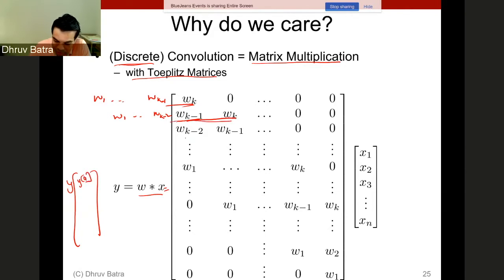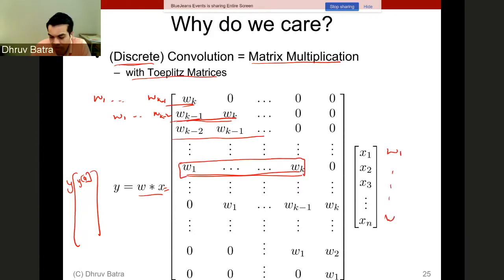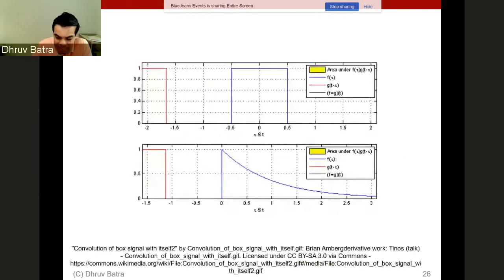So I take a filter, I slide it in, and this row here, when it multiplies each one of these entries, will give us the element-wise product and the sum that we were talking about. I've basically expressed this sliding operation happening in a convolution.